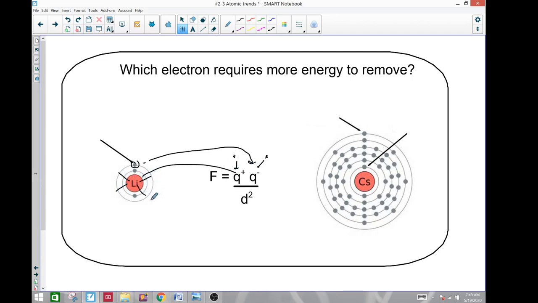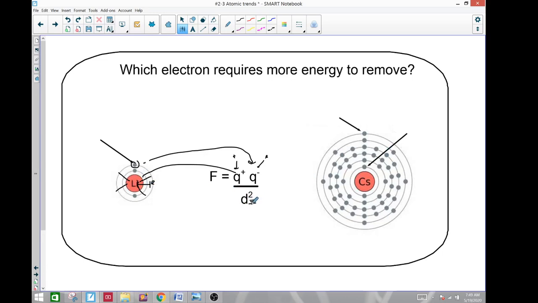Our attraction is just between an electron and the nucleus. And of course this distance is this guy right here. Notice the square here, which means that that's more of an amplified factor. So in reality, how far you are away from the nucleus really matters because of this.